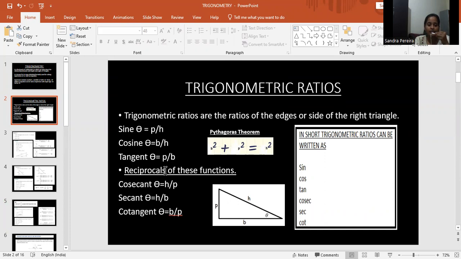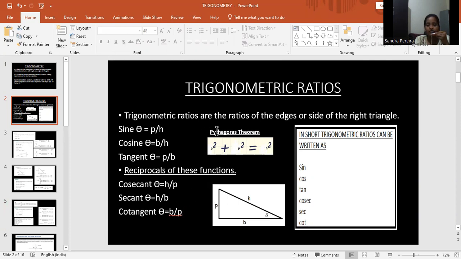You have to remember. And of these, cosec is the reciprocal of sine, sec is the reciprocal of cosine, and cot is the reciprocal of tangent. So the numerator becomes the denominator and the denominator becomes the numerator, that is, exchanging of numerator and denominator takes place here in order to get the value.